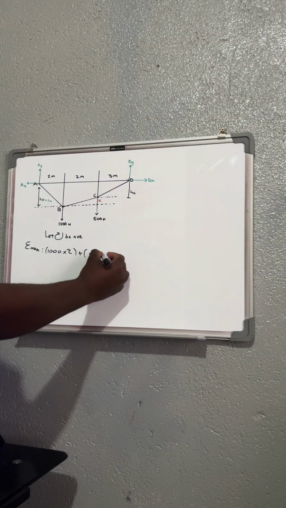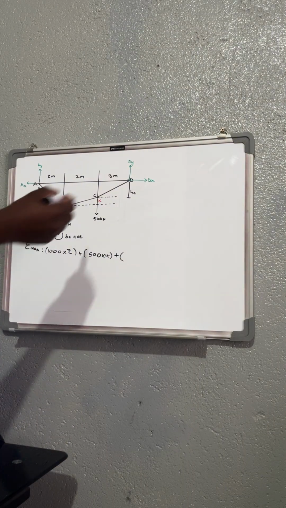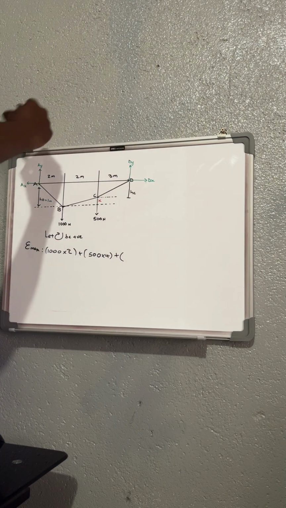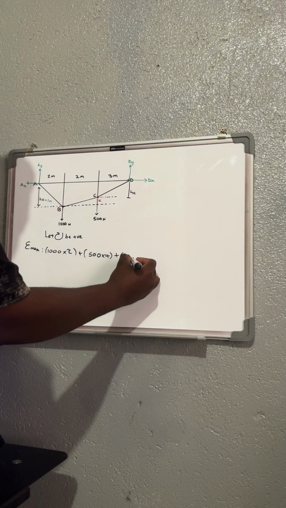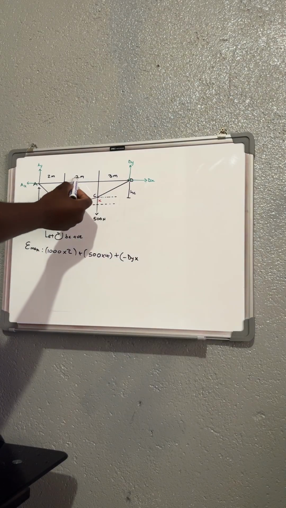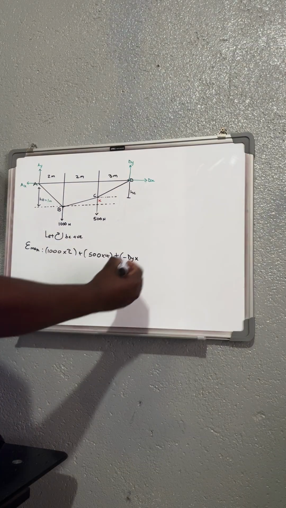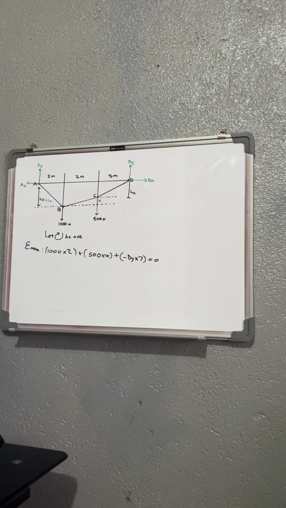That's going to be multiplied by the 4, plus we have this DY. The DY is acting in an anti-clockwise direction, so we'll say we have minus DY by, what is the distance between DY and AY? We have 3 plus 2, it gives us 5, plus 2, it gives us 7. Then we'll say this equals 0.